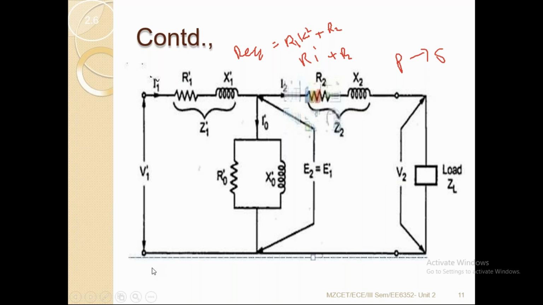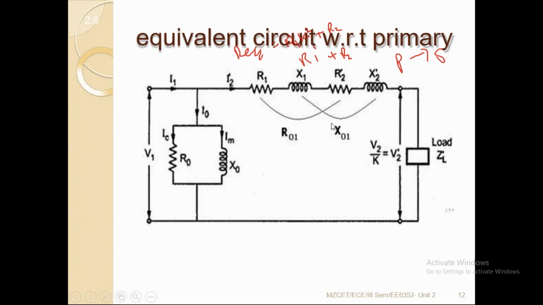Now by using these two cases, case 1 and case 2, finally you will get the equivalent circuit with respect to the primary. You will get the equivalent circuit like this. R1 plus R2 dash, you can represent as R01. This is the equivalent resistance. X1 plus X2 dash is X01. This is the equivalent reactance.